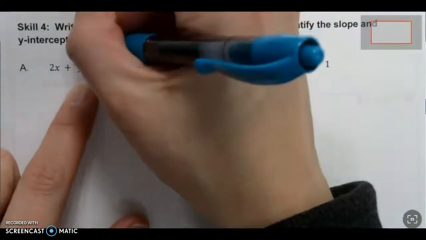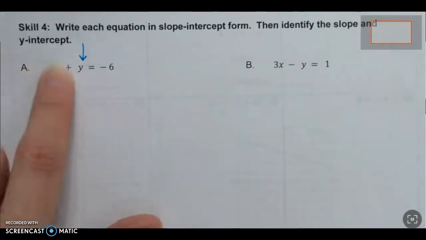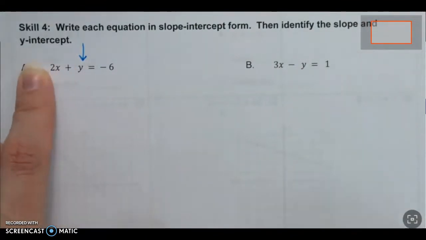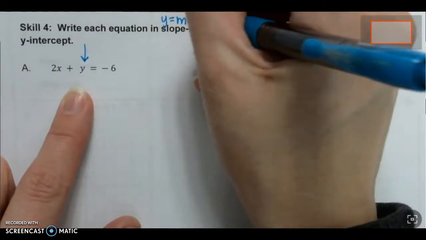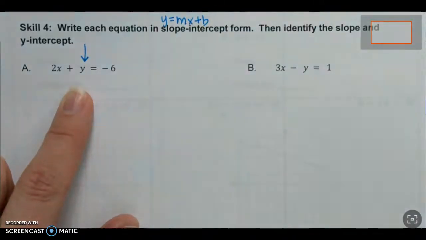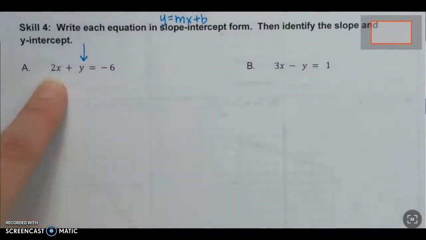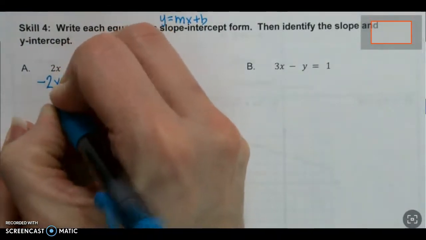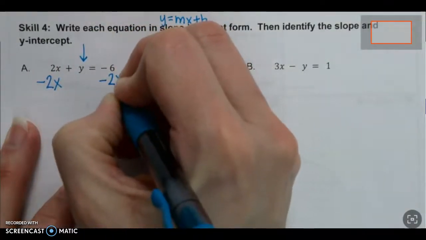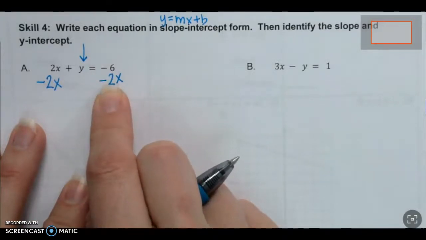Now, in order to do that, this letter y has to be all by itself. Okay, so this 2x over here is kind of in the wrong spot. So we want it to look like y equals mx plus b, and then we're going to know for sure that m is our slope and b is our y-intercept. Okay, so to make that happen, I have to get rid of a positive 2x. The opposite of a positive 2x is a minus 2x. Now there's a really strong temptation to go -6 minus 2, which is -8.